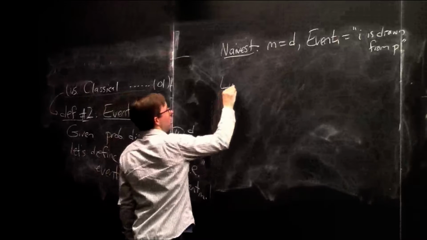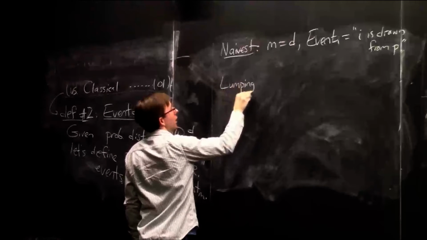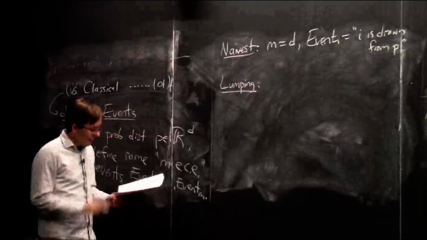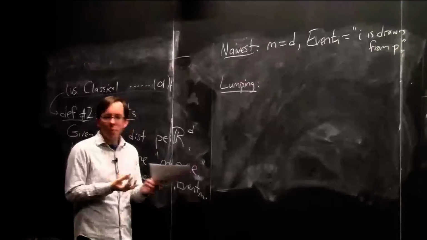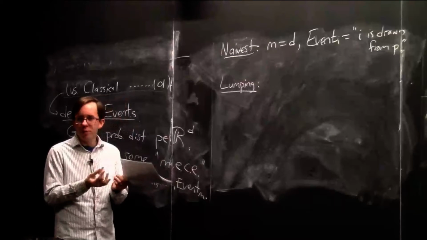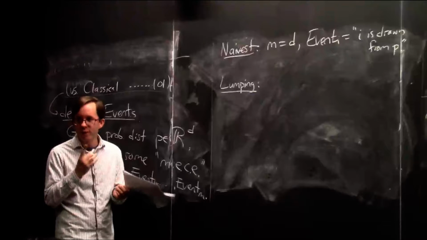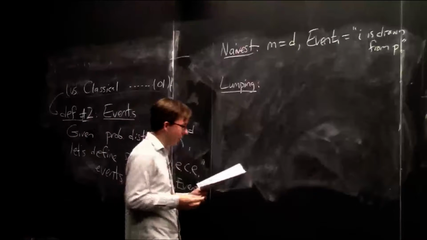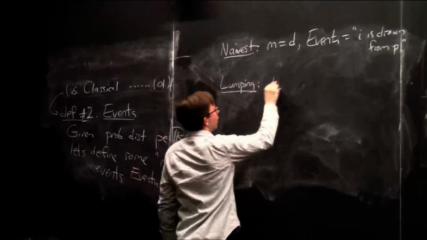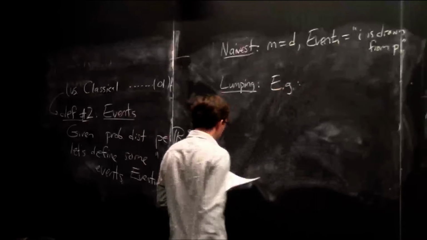Another thing you can do, so you have a name to hang on to it, I'll call it lumping, is you can group some outcomes together and call a bunch of outcomes an event. This is quite common, right? So I'll give almost the simplest example.